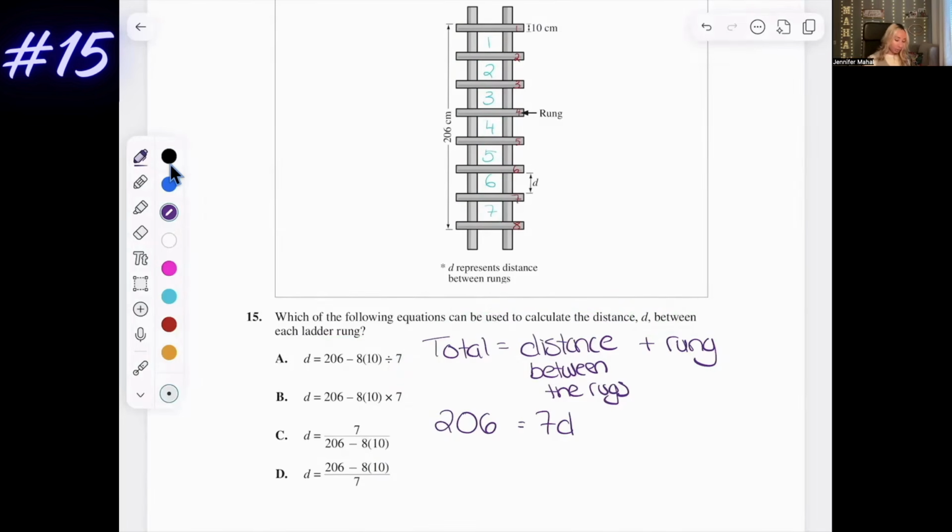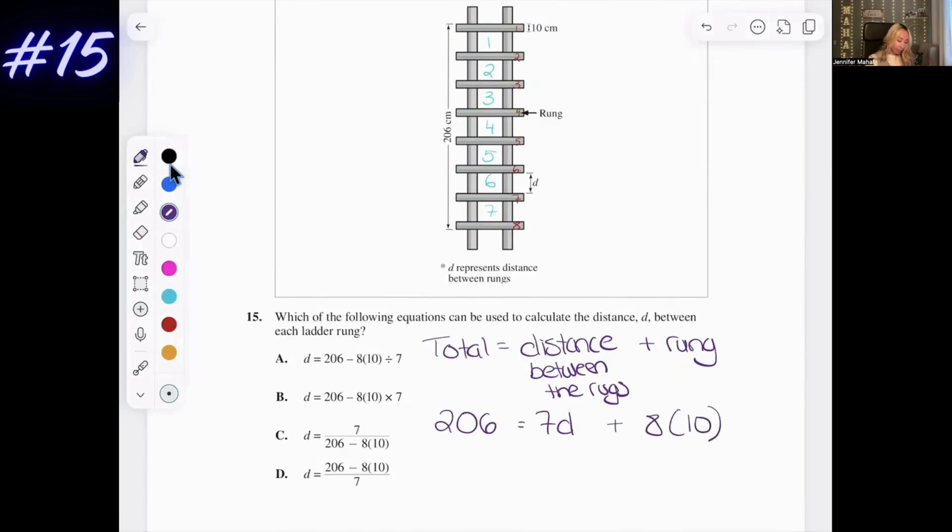All right, so we've taken care of 2 major parts of this ladder. The second part is we know we have to add each rung, because each of these sections are also included in the 206. Altogether, I numbered them. There are 8 of them, and each of them are 10 centimeters thick. So I'm going to say plus 8 times 10.